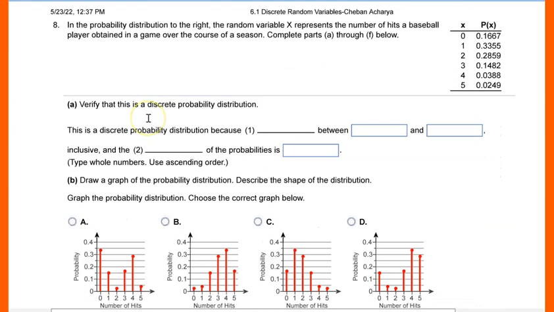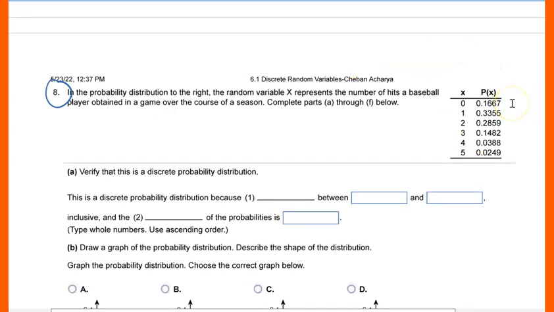Question number 8. The probability distribution to the right is the probability distribution of the random variable x, which represents the number of hits a baseball player obtained in a game over the course of a season. Complete parts A through F. This x represents number of hits, 0 hits, 1 hit, up to 5 hits, and that's the probability of the particular number of hits.